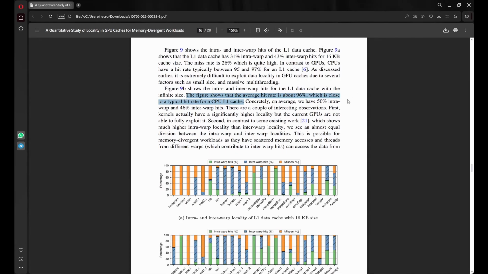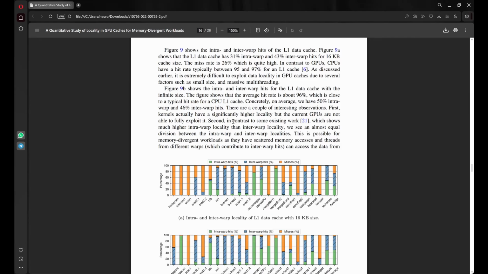So what this shows is that GPU kernels do actually have locality to exploit, but the GPUs at the time of this paper are confined by their cache size, and they can't really fully exploit it.